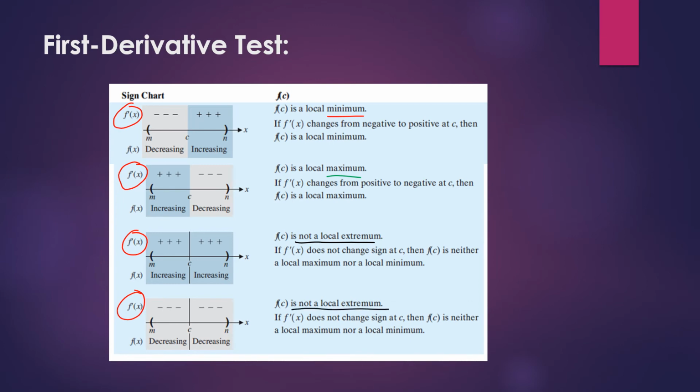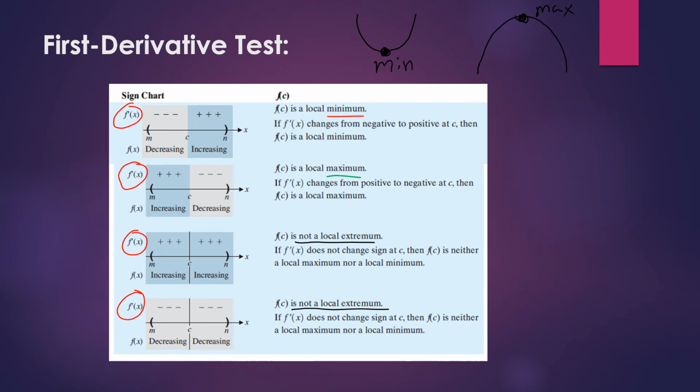And the way I always tell people to remember this is you can always sketch this really quickly. Draw something that's decreasing and then increasing. Oh, it's a happy face, but there is a minimum value. If you are increasing and then decreasing, you're a frowny face, but there is a maximum value here.